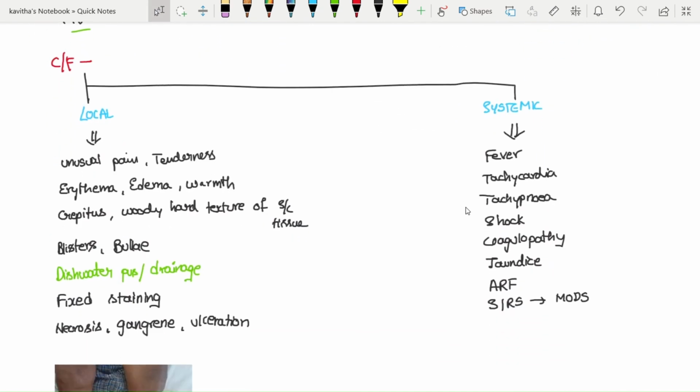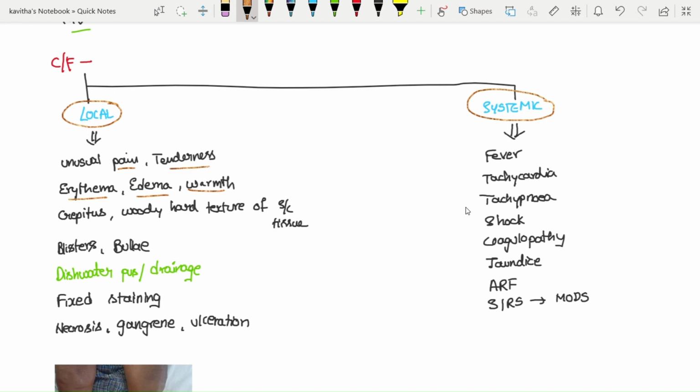Clinical features. There are local manifestations and systemic manifestations. First, local manifestations. The patient comes with complaints of severe unusual pain, edema of the leg, and discoloration of the skin. On observation there will be erythema of the skin, edema, local rise of temperature and tenderness.